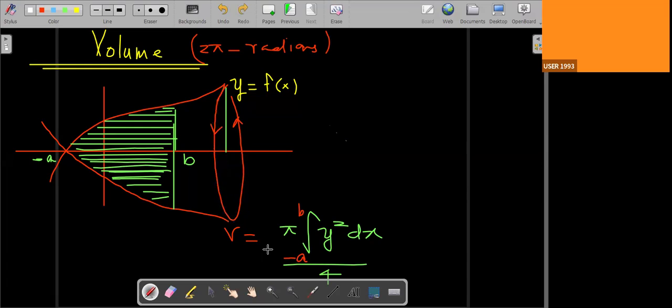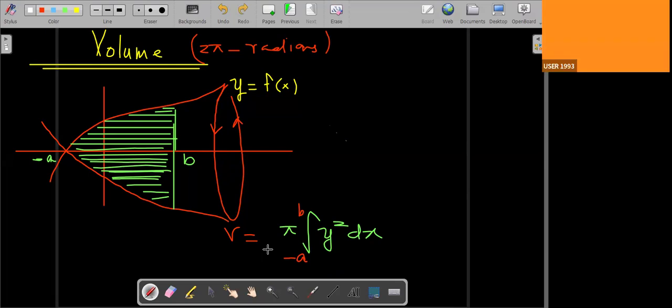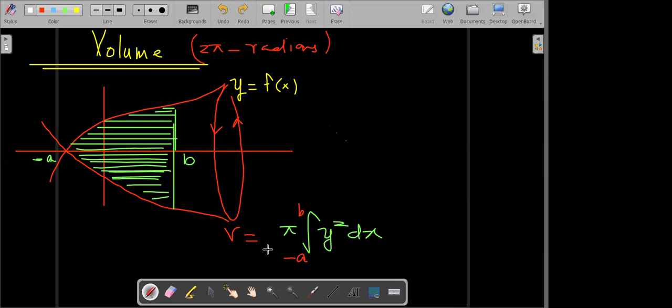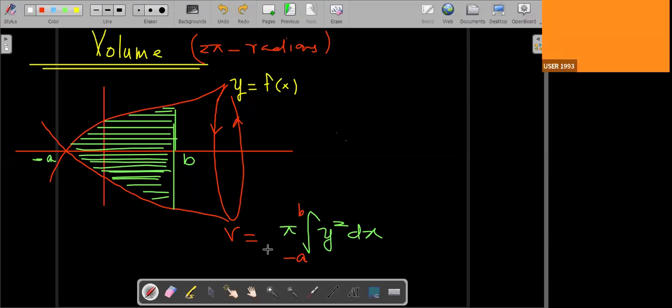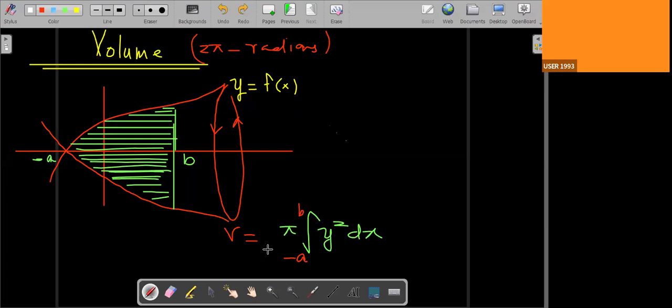This equation is only for 2 pi radians. That means for a complete round. What if it's like 4 pi radians? 4 pi radians means how many rounds? It means 2 complete rounds. So even after one complete round, the volume is already generated, right?